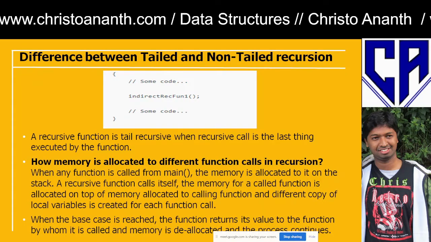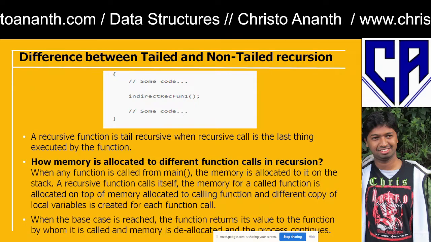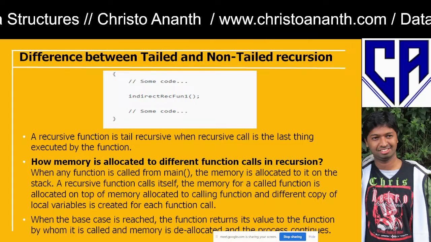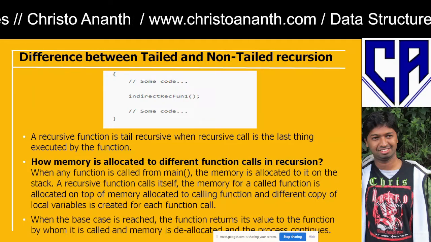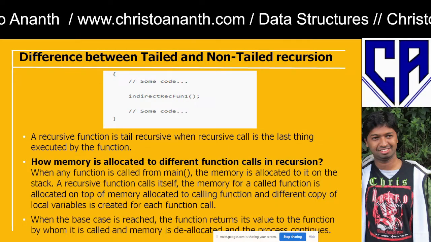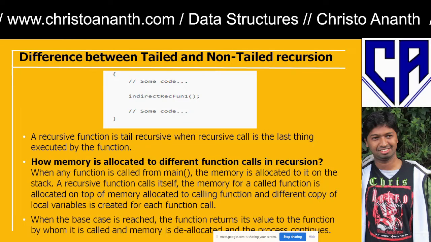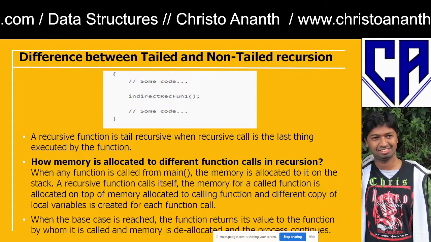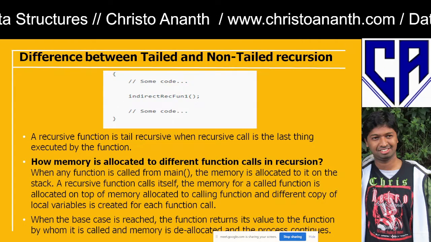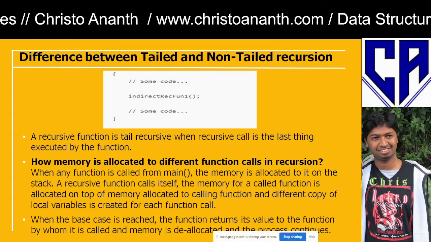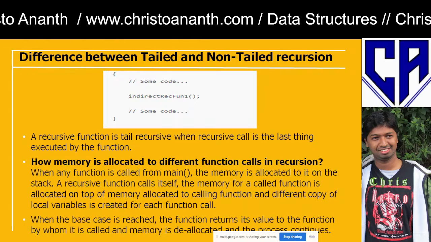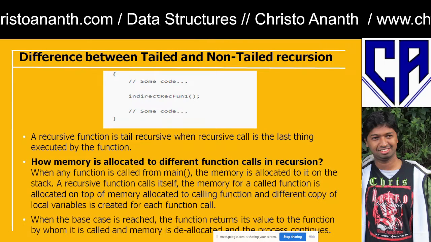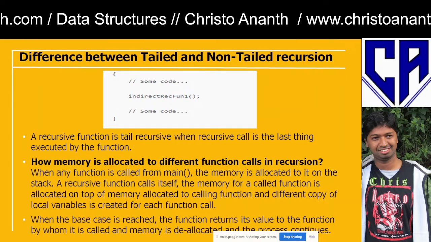When a recursive function calls itself, the memory for the called function is allocated on top of the memory allocated to the calling function, and a different copy of the local variables is created for each function call. When the base case is reached, the function returns its value to the function by which it was called, the memory is deallocated, and the process continues.